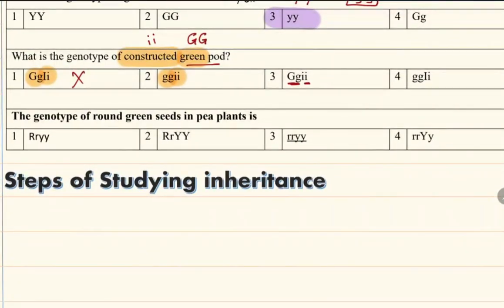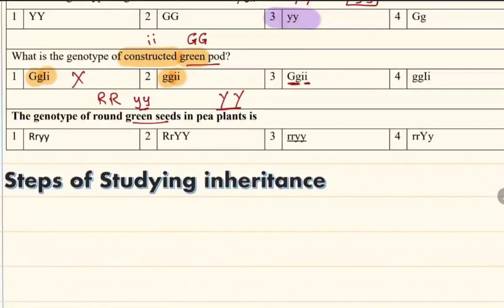Let's see here. What's the genotype of round, green seeds? Now here we have two characteristics. Round, R capital, R capital. Green seed, that is going to be Y small, because Y capital is the dominant, which is yellow. The green is Y small.